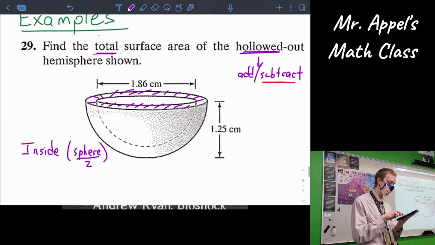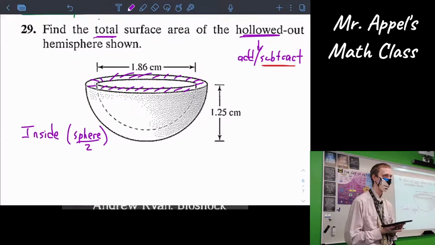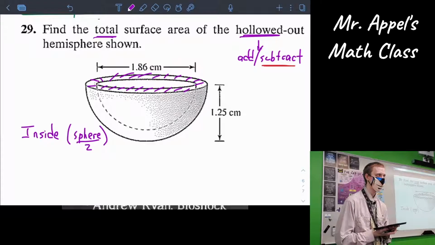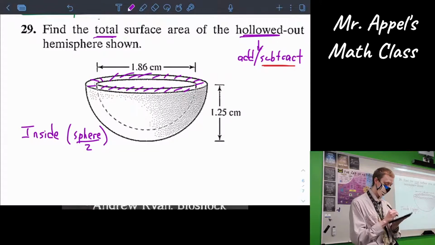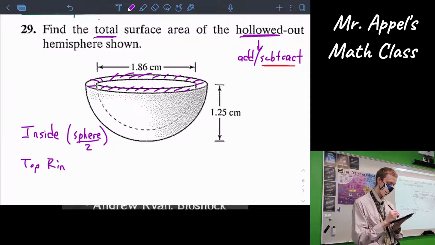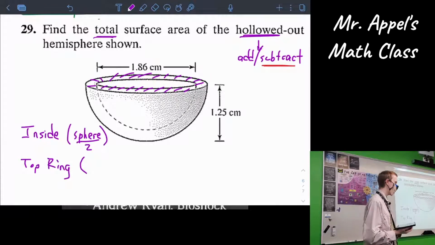We also need what else? The ring up here at the top? Yep. We'll need that top ring. What formulas are we going to need for that?